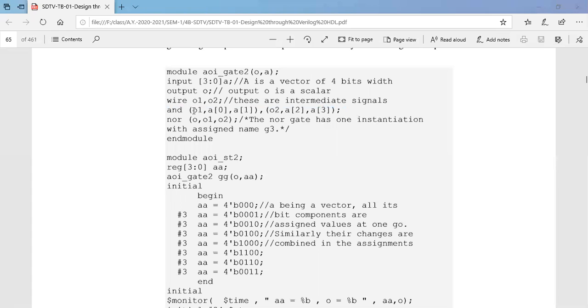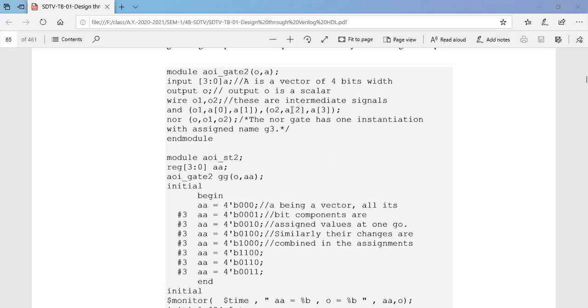So here in the first level we have an output signal O1. Okay, between A of 0 and A of 1 an AND operation is done, and it is going to produce one output, and it is going into O1.